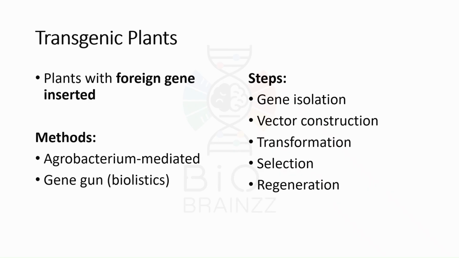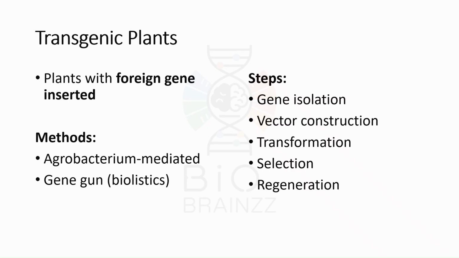Transgenic plants are plants in which a foreign gene is inserted artificially. This is done to introduce new traits like resistance or improved quality. The process includes gene isolation, vector construction, transformation, selection, and regeneration.